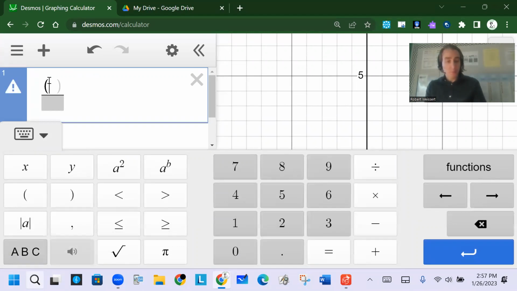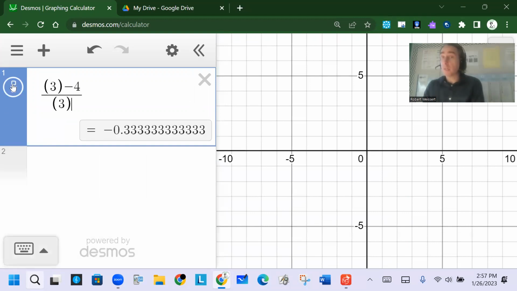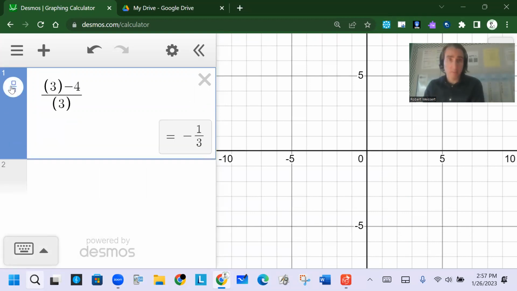Then we can put on the numerator parentheses 3 minus 4 and right arrow down to the denominator, and you can get 3. Now, of course, it's going to give me the decimal. You can click the fraction bar. It'll give you negative 1/3.